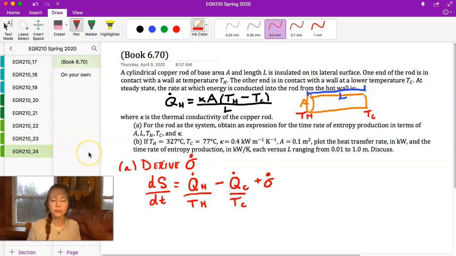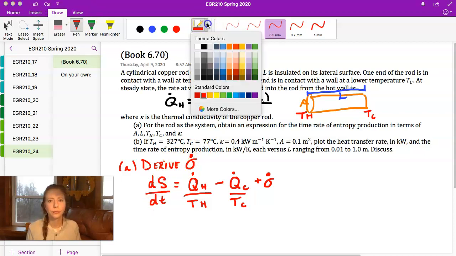Okay. So now, dS over dt is going to be 0. This is steady state for entropy production as well. So this is the rate of entropy with time.